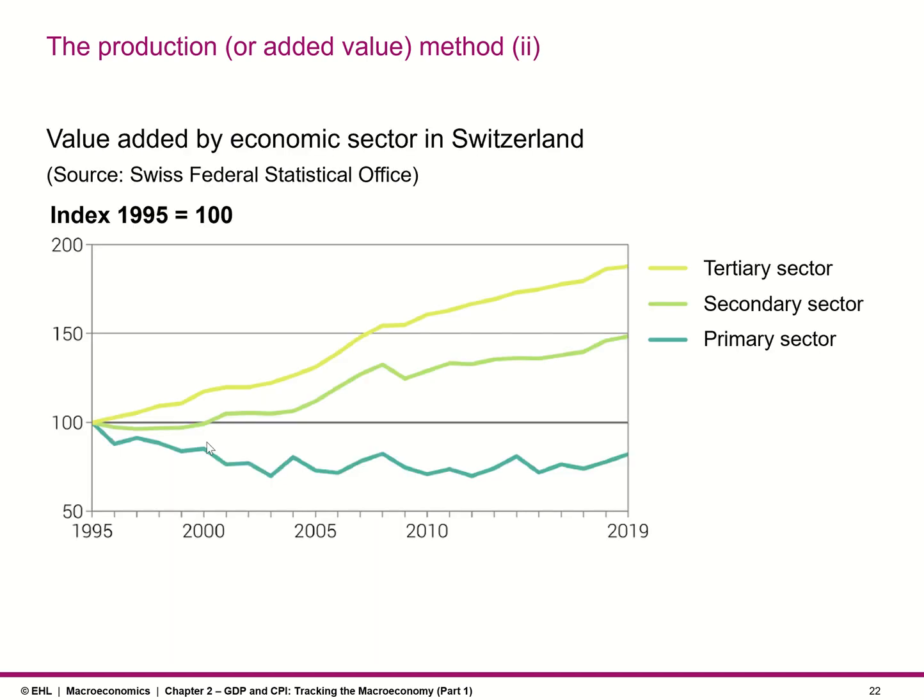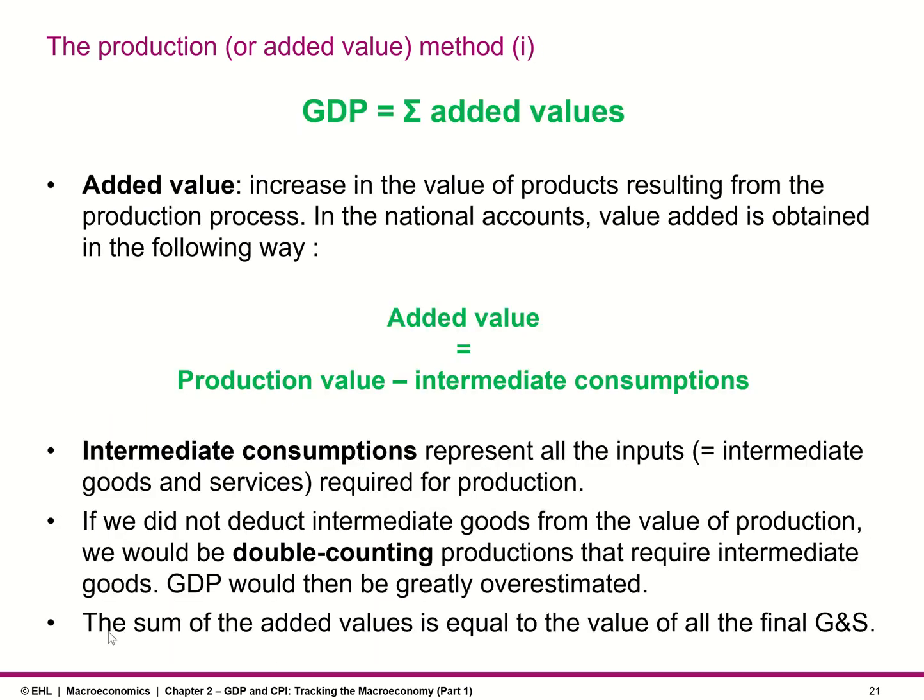And then in the end, the sum of all added values is equal to the value of all final goods and services that are produced in the economy. So either you take the production value of all final goods and services, which is easy, but you have to identify which goods are final and which goods are intermediate goods. For instance, a car, a computer, a pen, all these goods are final goods.